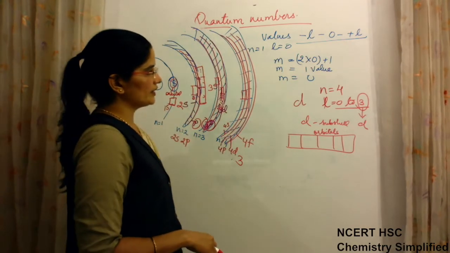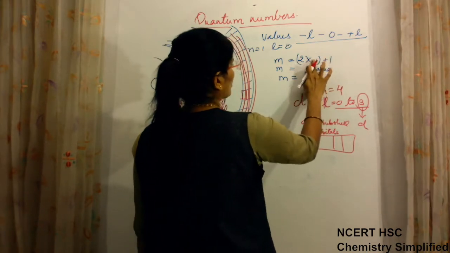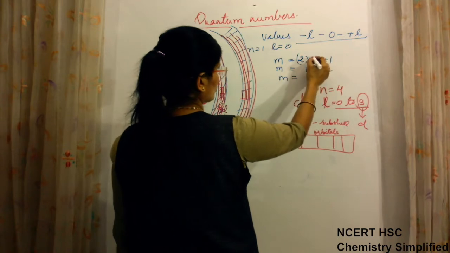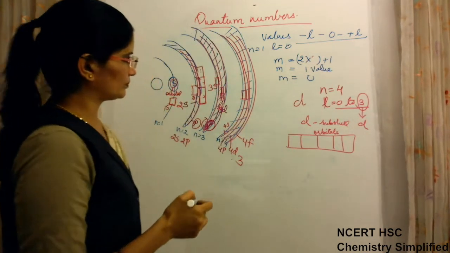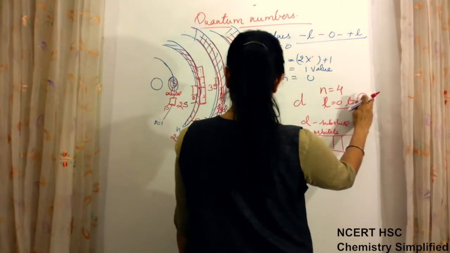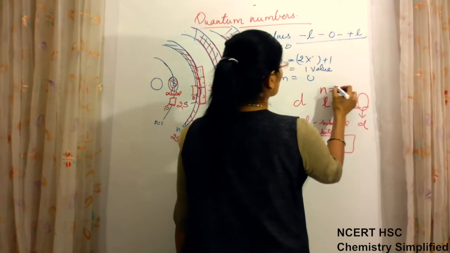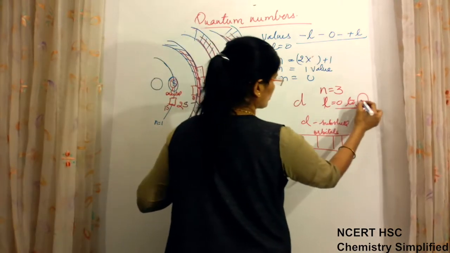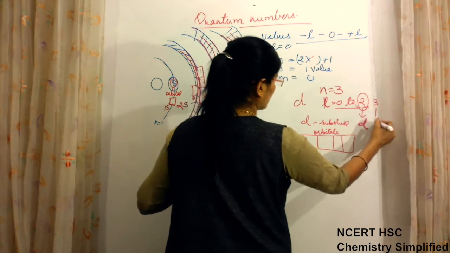How will they be 5? We had just seen that it will have 5 values from the formula 2l plus 1. Okay, we were doing n is equal to 3, we had done that. For n is 3, we wanted d, so l is 0 to 2, and 2 is equal to d, and 3 is actually equal to f.